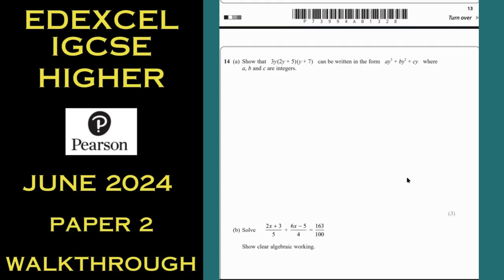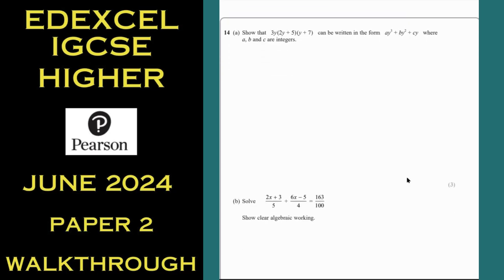Number 14, it's expanding a cubic, as you can tell, with the slight thing that there's only 2 brackets. So I'm going to leave the 3y out of it. I'll just expand this lot first, so 2y for that loop. Positive 14y, positive 5y is positive 19y.